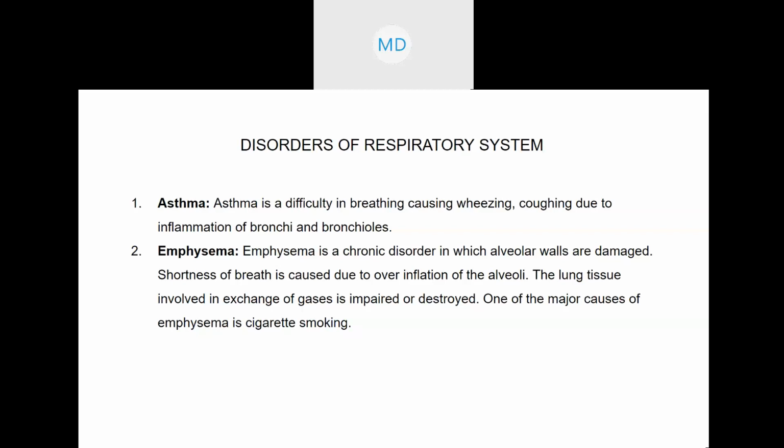Or if your grandparents have asthma, there is a likeness that it might happen. It is not transmitted from one person to another, and neither is emphysema, because these are diseases of the lungs. So these are the two disorders associated with the respiratory system.